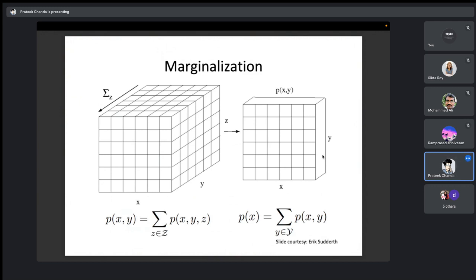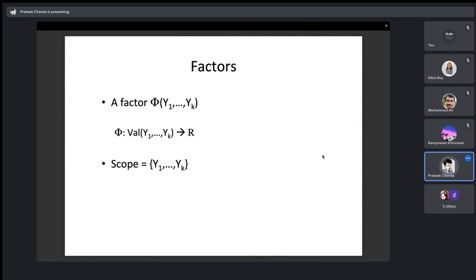So now we come to the concept of factors, which we saw in the hierarchical diagram picture for undirected graphical models. Let's say I have k random variables.